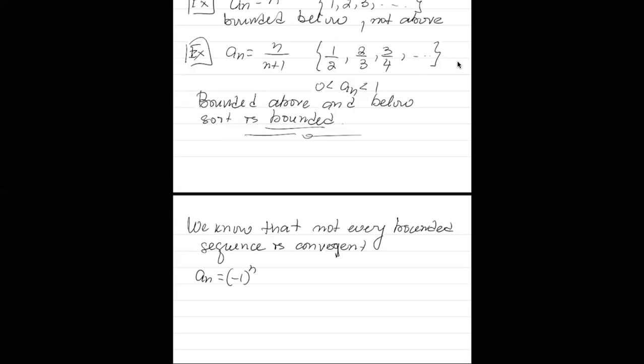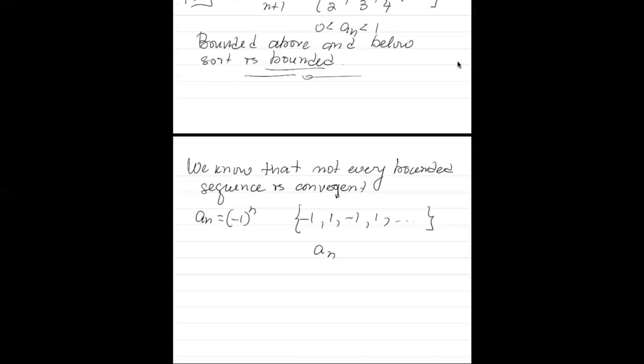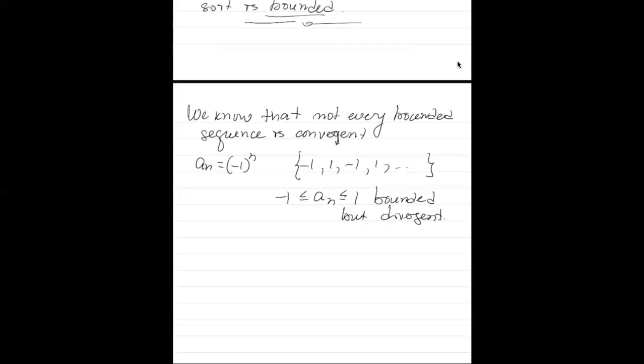So list those elements. If n equals 1, then -1, then 1, -1, and so on. This is bounded because every element is between -1 and 1. Bounded above, bounded below, so it's bounded. But is it convergent? No. It is divergent because it oscillates, doesn't go to a specific number.